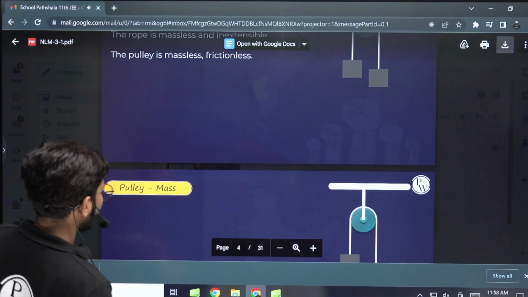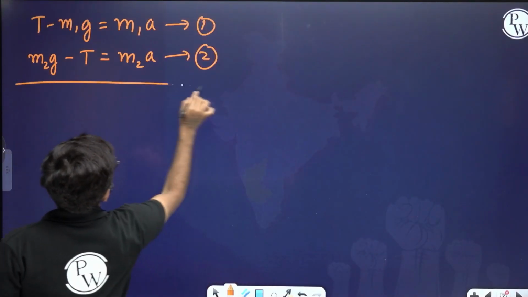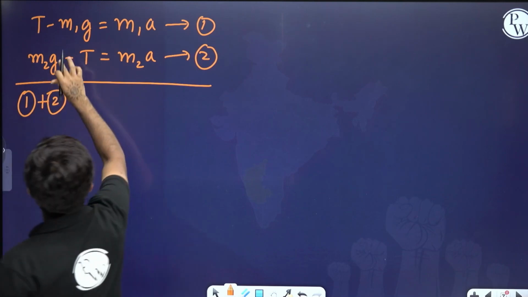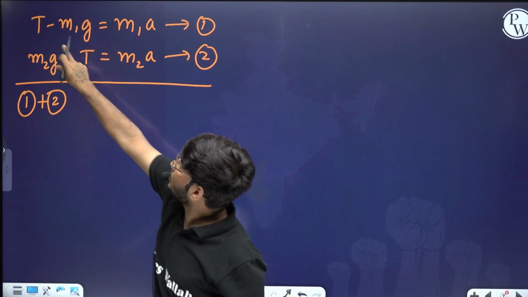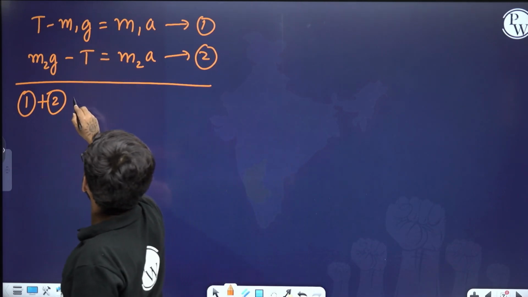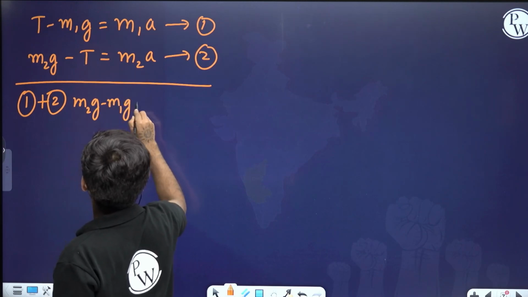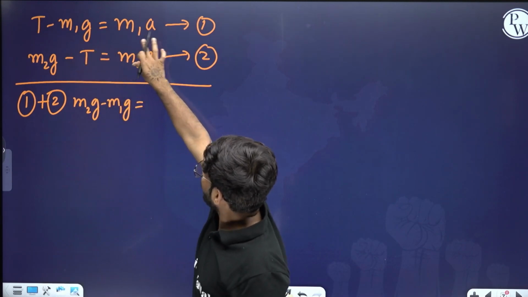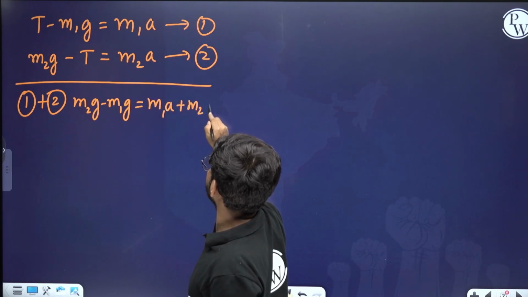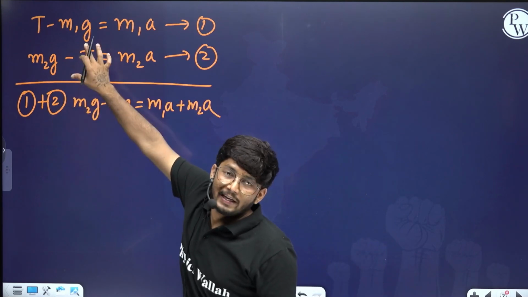ಸೊ ಇಯರ್ ಯು ಆ್ಯಡ್ equation 1 and 2, you add equation 1 plus 2. If I add equation 1 plus 2, tension is getting cancelled. But we have M2G minus M1G, right, equal to M1A plus M2A, correct? When I added 1 and 2, T T cancel ಆಯಿತು.